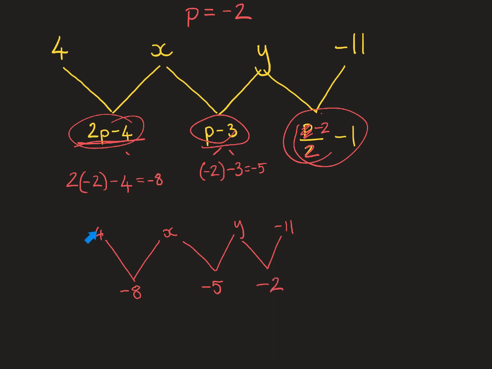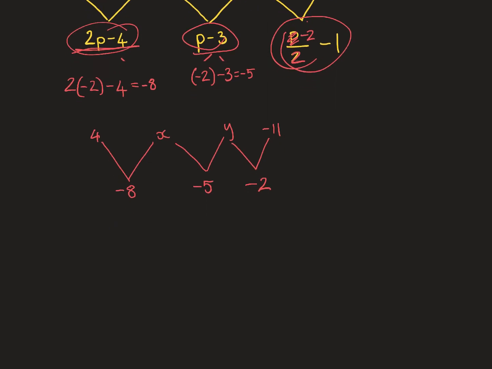So now that I've done that, I can see that x is going to be 4 minus 8. So let's write that down algebraically. x is going to be the value of the first term, which is 4, and we do the difference, so therefore it has a value of minus 4.